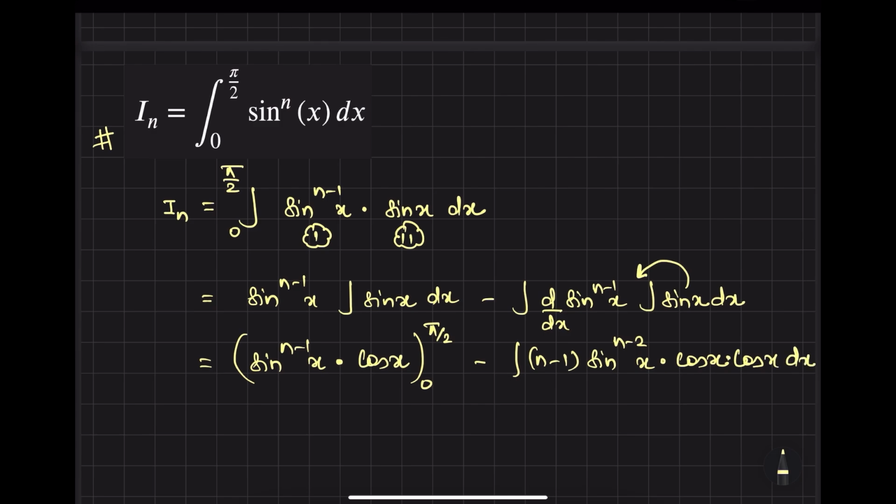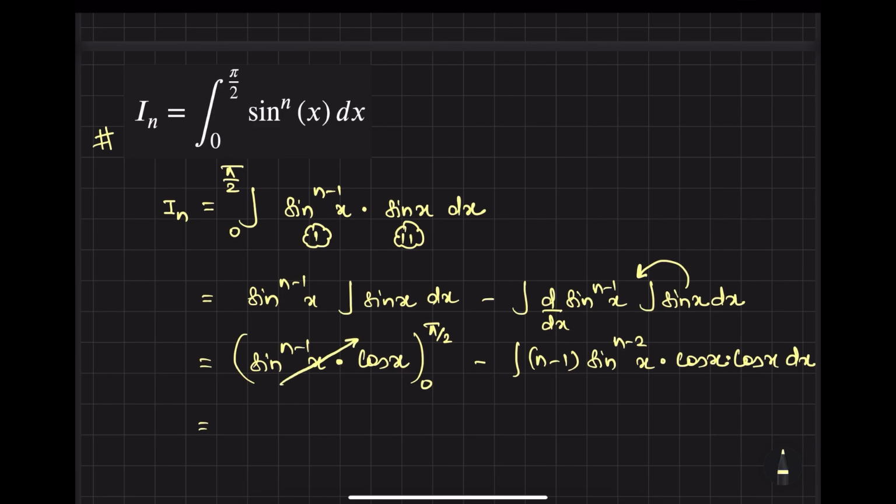Now if you observe, if you put the upper limit 90, cos 90 becomes 0 and it makes everything else 0. Then minus the lower limit: if you substitute 0, sine 0 becomes 0 and it makes everything else 0.